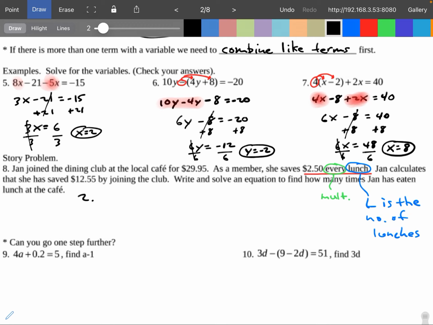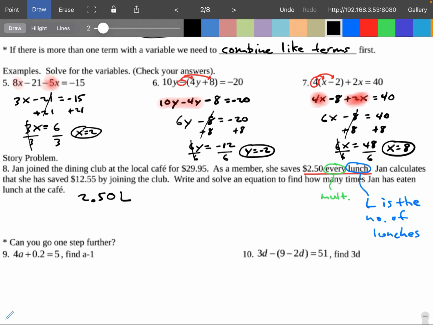So that means the amount that she saved would look like this. It'd be $2.50 times L, or just 250L. That's the amount of money that she saved. So that's going to be positive, okay?